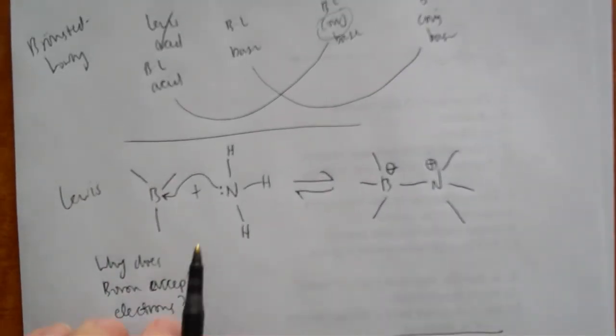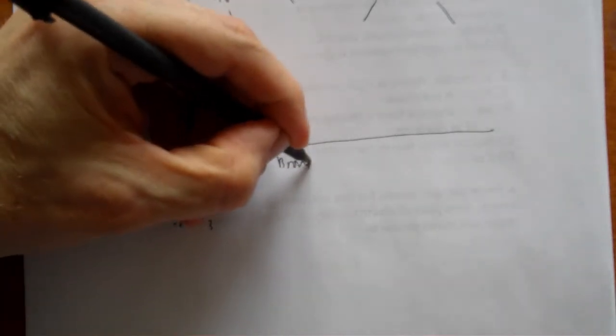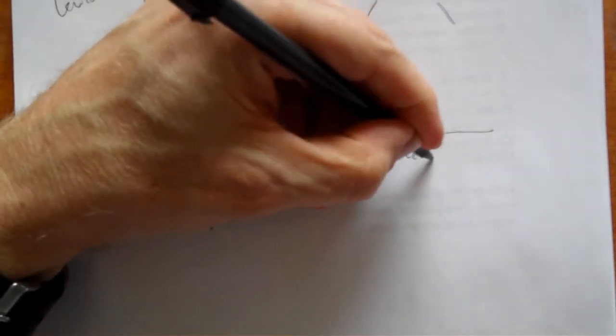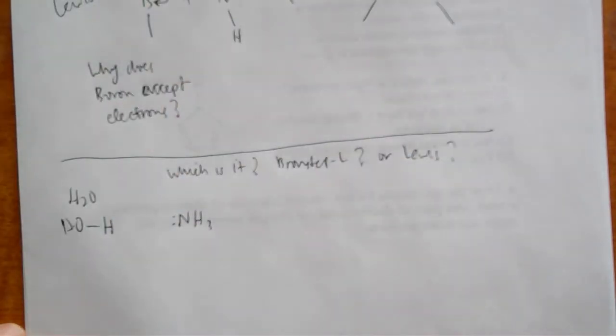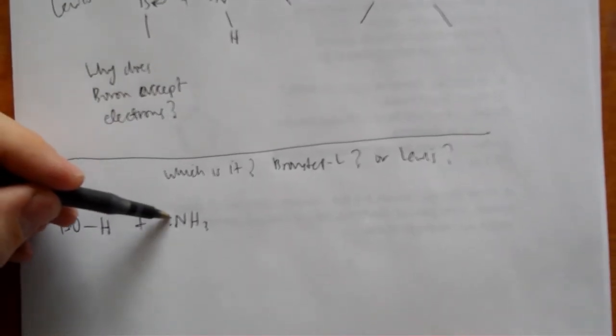I used ammonia up here for a Lewis base, by the way, and I used ammonia for a Bronsted-Lowry base here. Which is it? Bronsted-Lowry or Lewis? That's a question I want you to answer tomorrow in class.